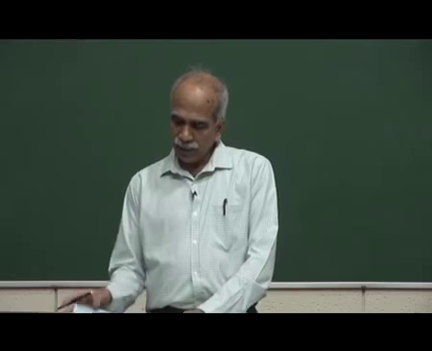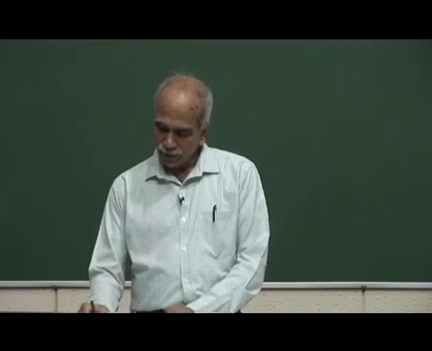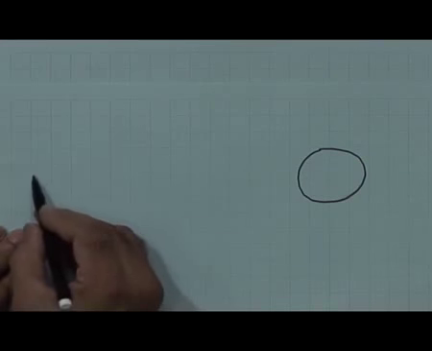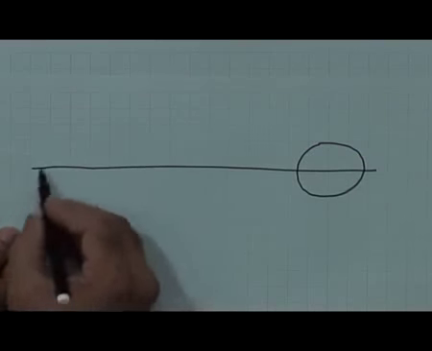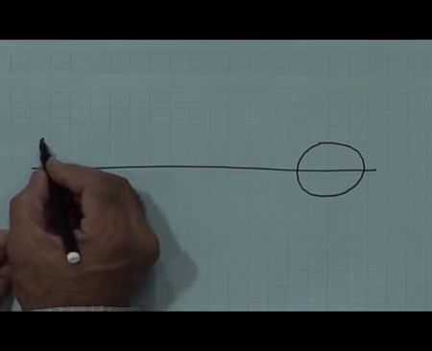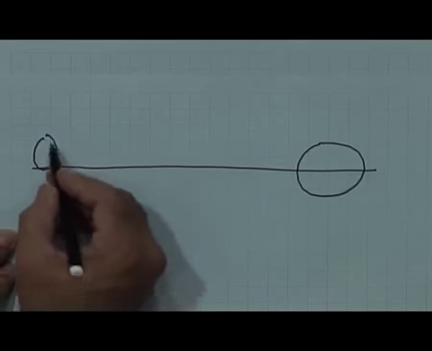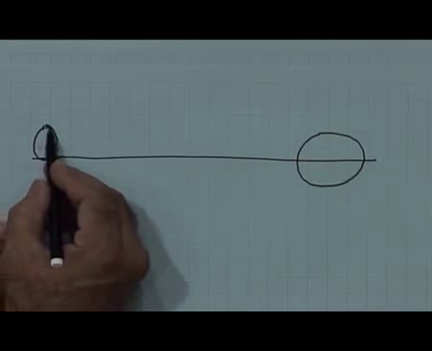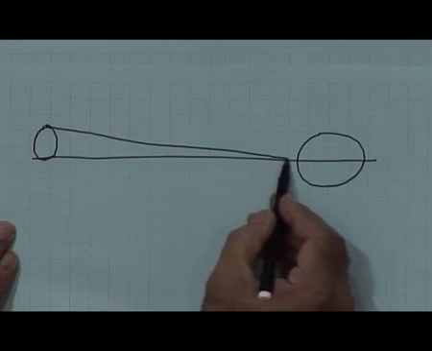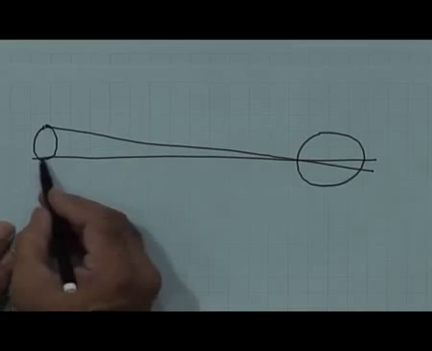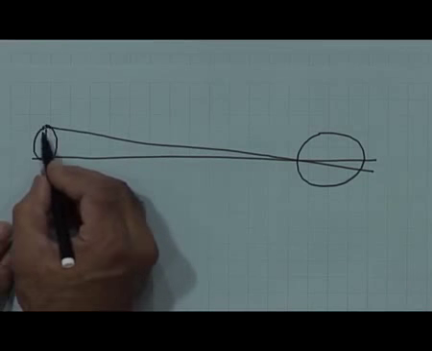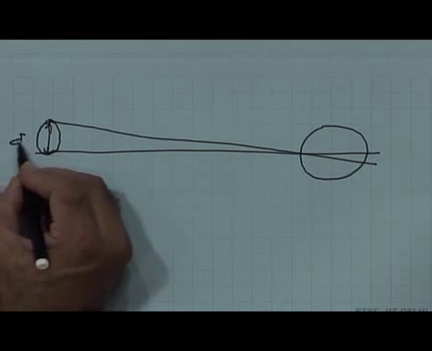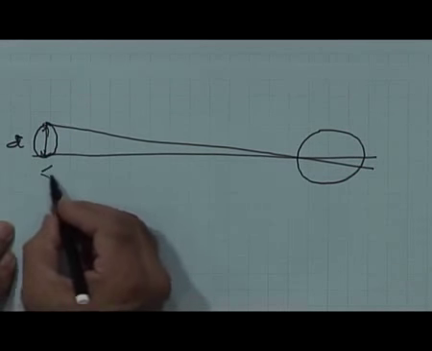So, here is the eye, and a distant object here, maybe the sun or moon here. Now, this subtends an angle. So, this is the diameter d, let me use small d, and at a distance L.